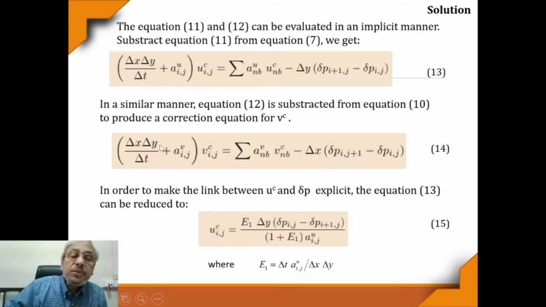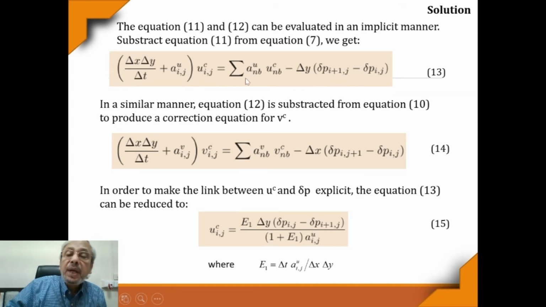Now, from these two equations, again these two equations are basically implicit equations. Here uij correction, ui+1j correction, ui-1j correction, uij+1 correction, uij-1 correction, all are unknown. And delta P is also unknown.